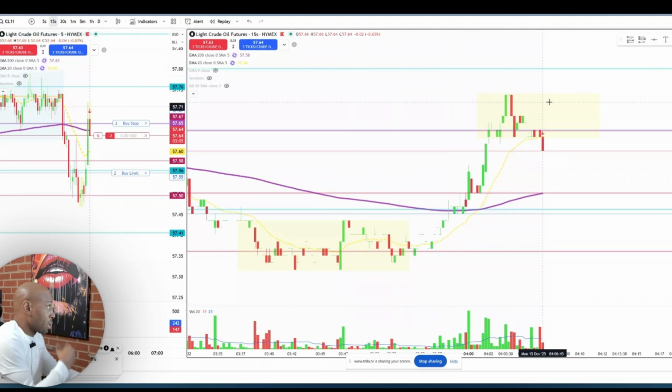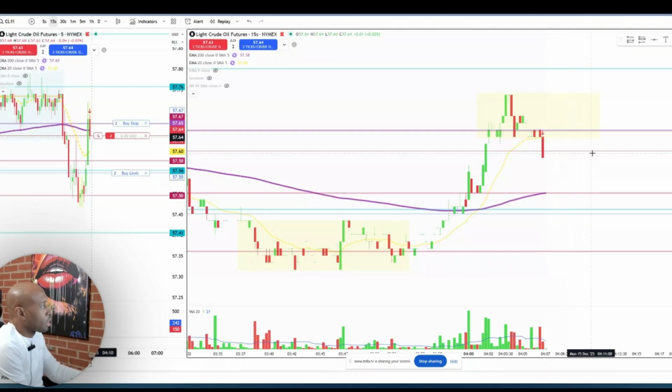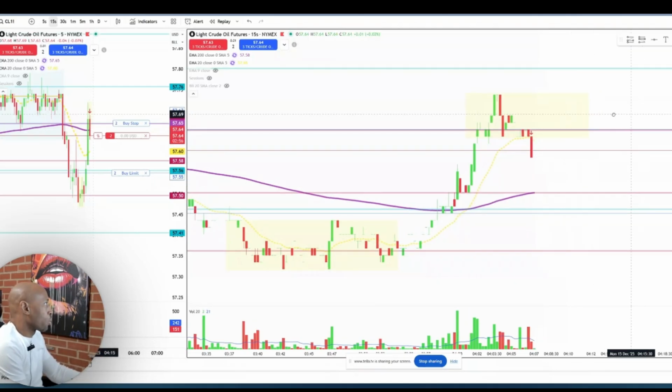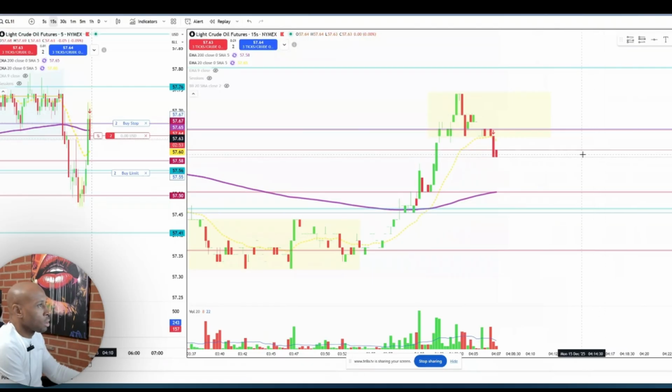So I just got in. On my chart right now, I already have a bracket order. That's a 3-to-1. If it goes, it goes.